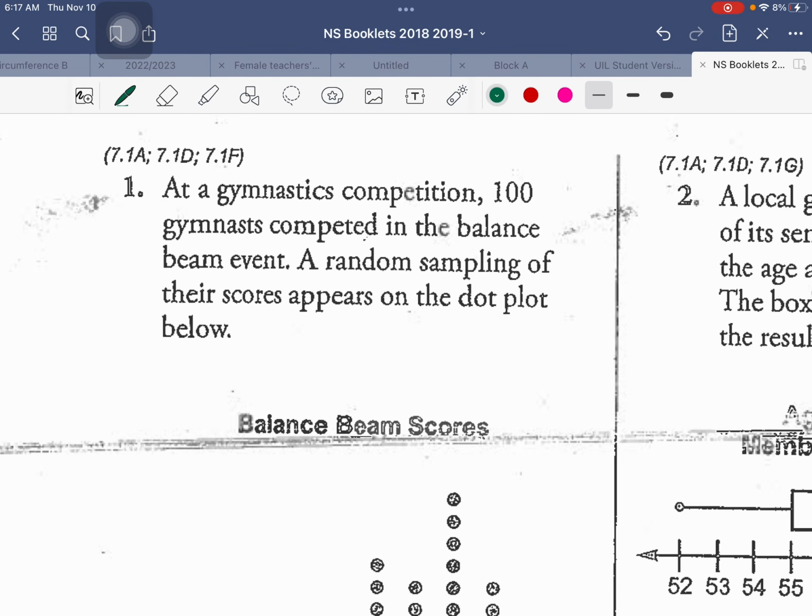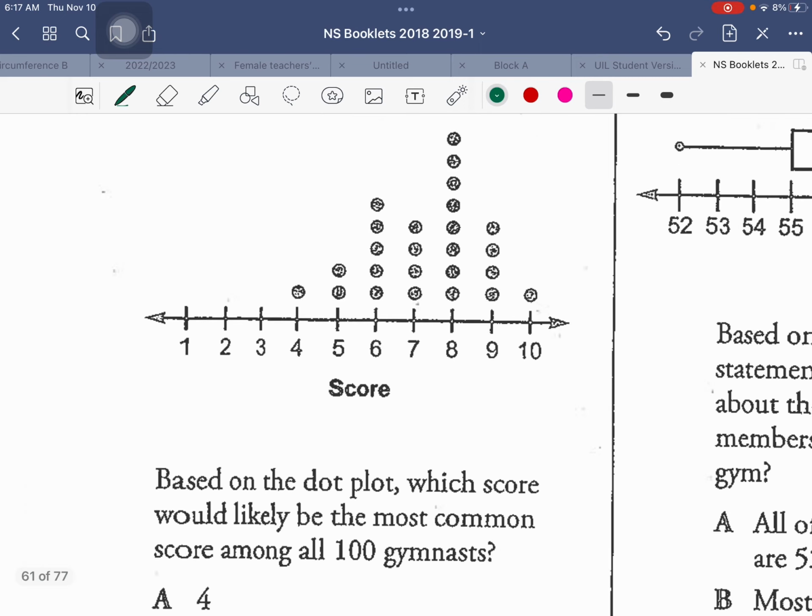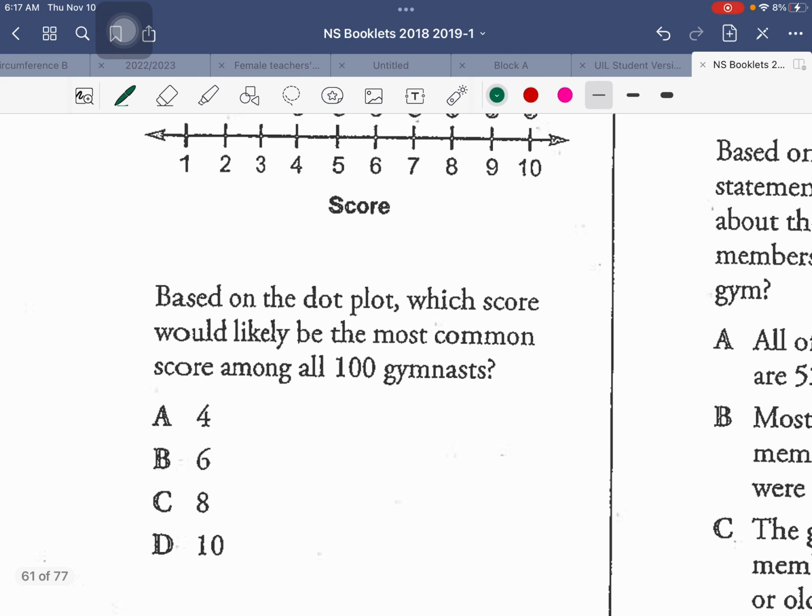At a gymnastics competition, 100 gymnasts competed in the balance beam event. A random sampling of their scores appear in the dot plot below. Based on the dot plot, which score will likely be the most common score among all 100 gymnasts? So the most means what?